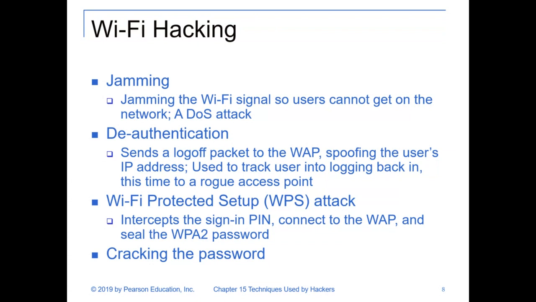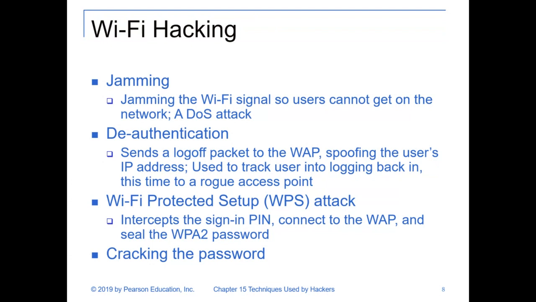The WPS attack, Wi-Fi Protected Setup, uses a PIN to connect to the wireless access point. In this attack, the attacker attempts to intercept the PIN in transmission. So we're trying to intercept the sign-in PIN, connect to the wireless access point, and then from there, steal the security password, the WPA2 password.